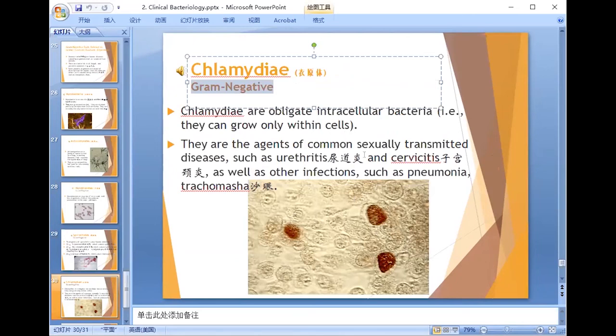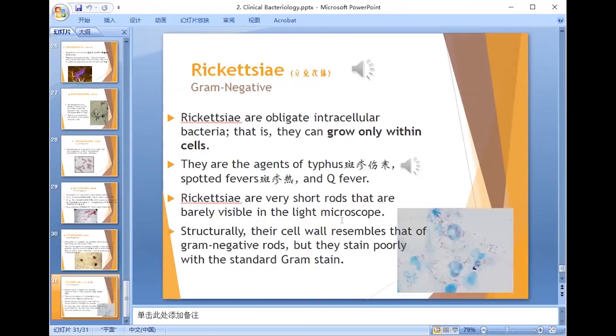I just put some pictures for easy understanding of the shape. These bacteria usually cause urinary tract infections and maybe vaginal infections, and certainly can cause other infections like lung infection, pneumonia, or maybe infection in the eyes.